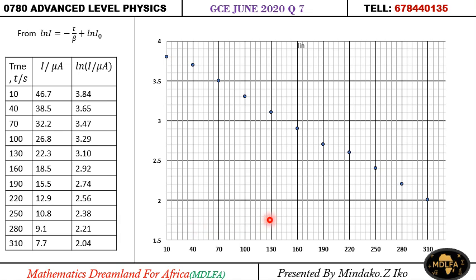If it is a horizontal axis, you start counting. This is my starting point. So I have 1, 2, 3, 4, 5, 6, 7, 8, 9, 10, 11, let me say 12. So you take this answer and divide it by 12. If we divide that amount by 12, we have 26.